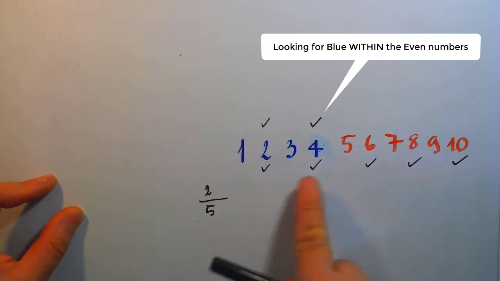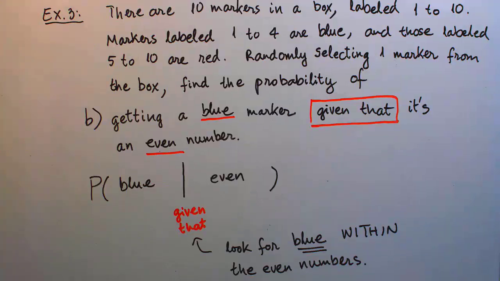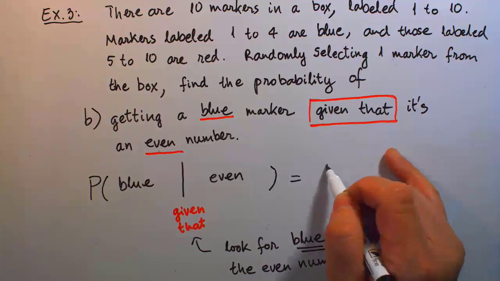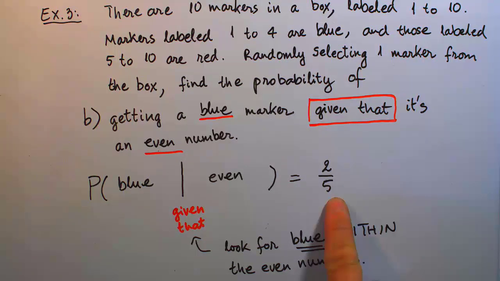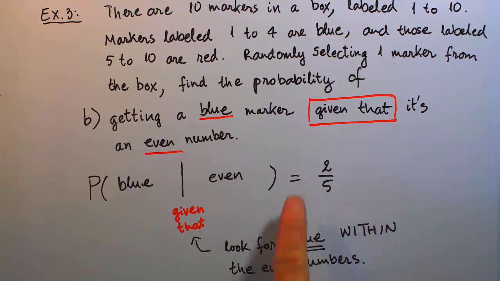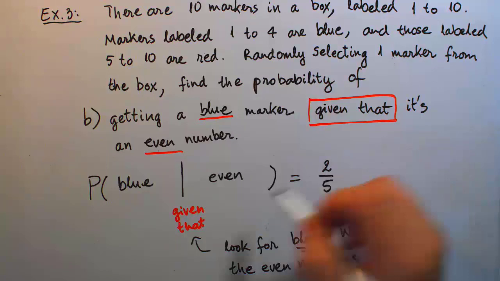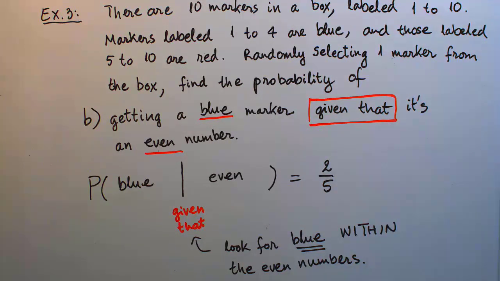So now our answer is 2/5, and that is the answer this question is looking for. 2/5 indicates that there are 5 even numbers, but we're looking for the blues within those even numbers. There are only 2 blues within the 5 even numbers. And that is how we find a conditional probability.